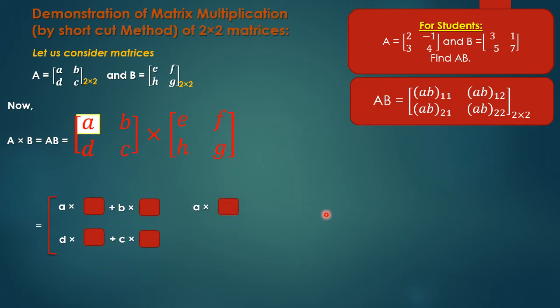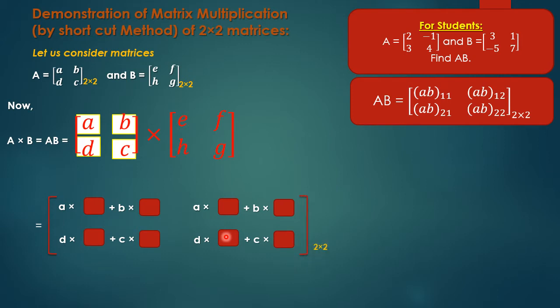Write A into, and leave this space there, and again consider D into. Leave this space, and B plus C into, and there will be a gap, and C into, there will be a gap. Now let's close, and this matrix is 2 cross 2.